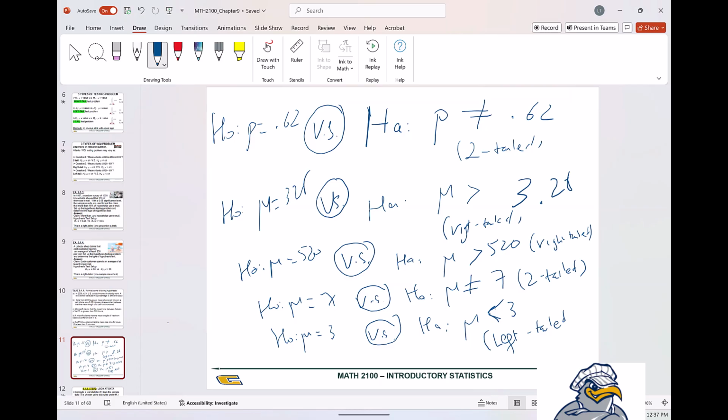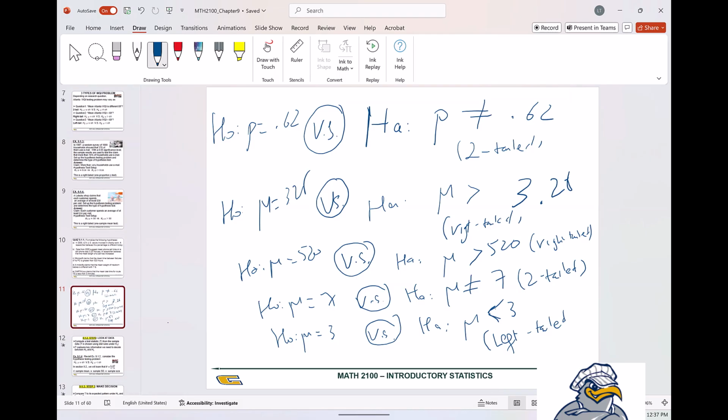So you have to be very careful at this step. You look at the problem, try to find out whether they're talking about proportion or the mean. Proportion and percentage are the same thing. And then you should know what they claim: different, greater than, or less than. The H naught is just equal sign.